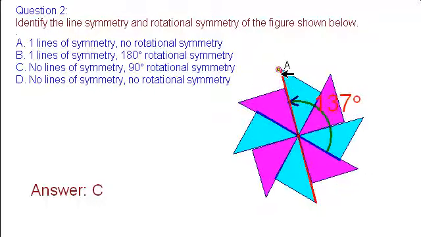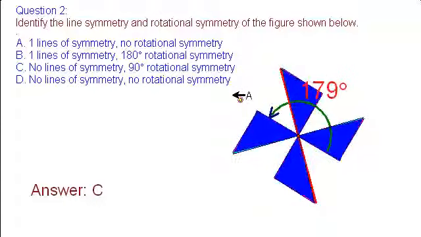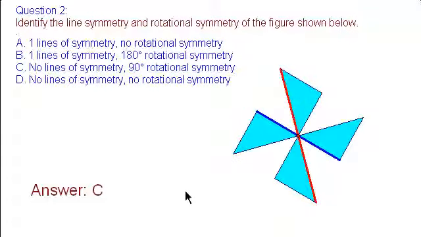One is at 90 degrees and the other one is 180 degrees, but there is no line symmetry. So the answer is going to be letter C, which says no line symmetry, 90 degree rotational symmetry. I hope you understand the question and its explanation.